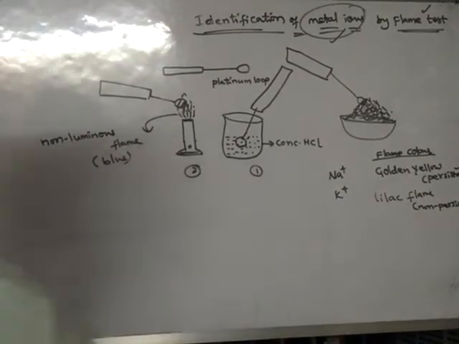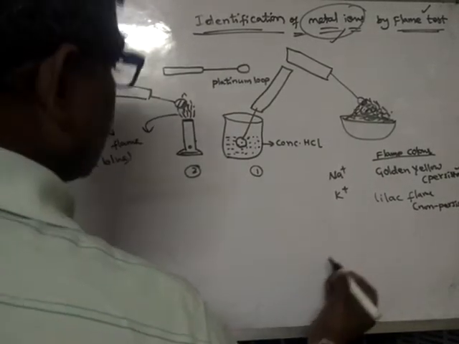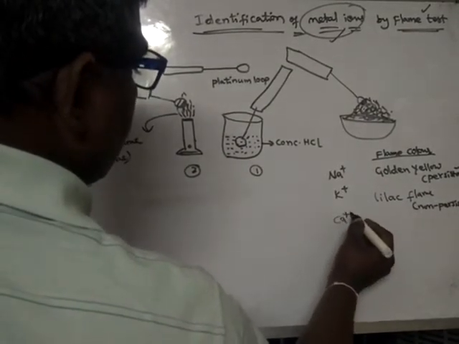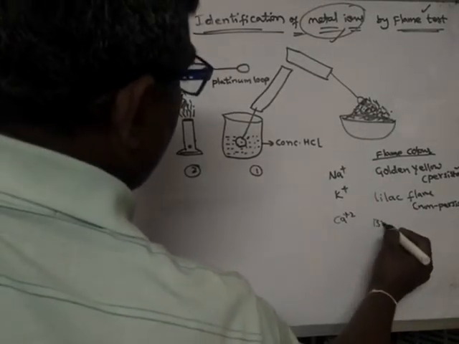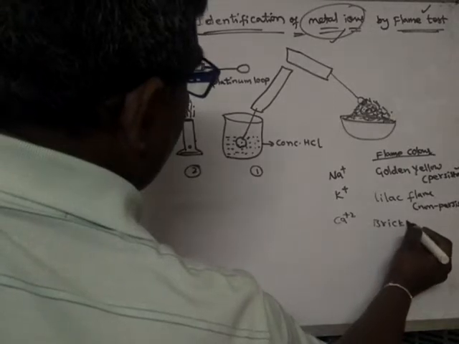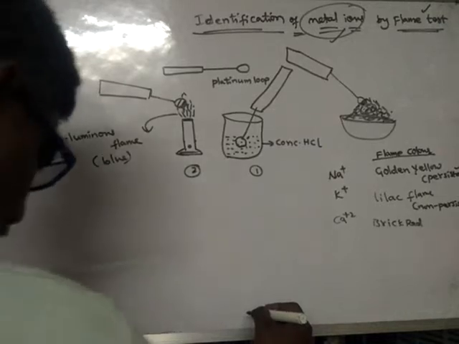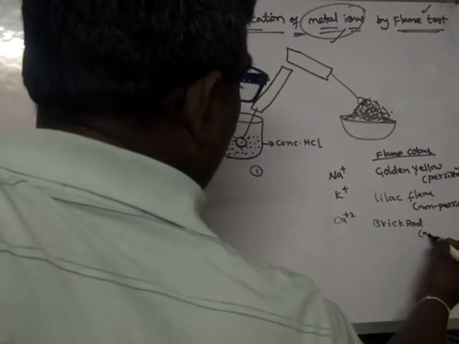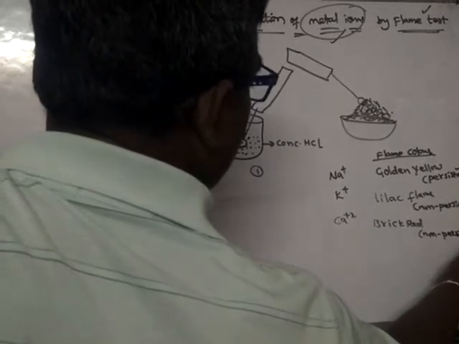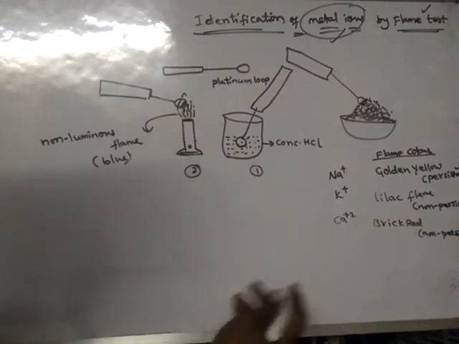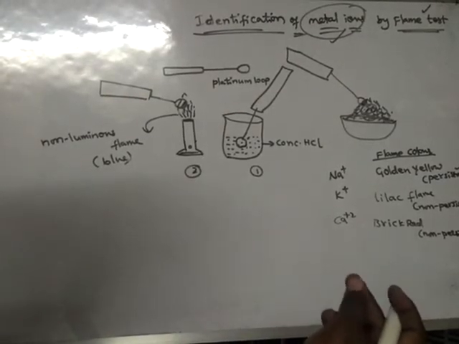Suppose this compound contains calcium ion, then the color of the flame will be brick red. It is also non-persistent, which means the color is not constant and keeps changing slightly, from brick red to light red, or from light red to pink.